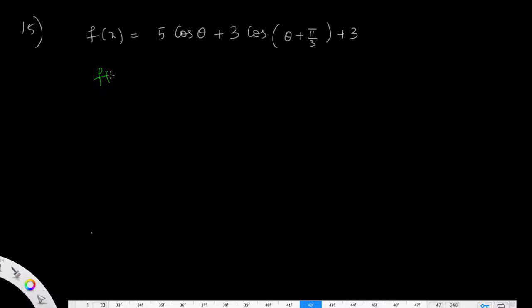Here the angles are theta and theta plus pi by 3. Always the form is a cos theta plus b sin theta plus c.